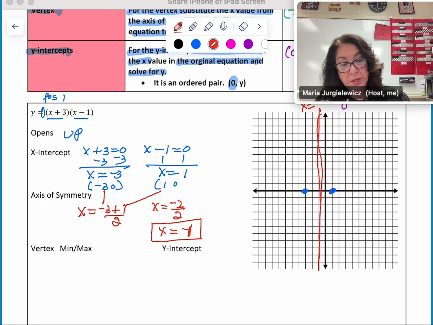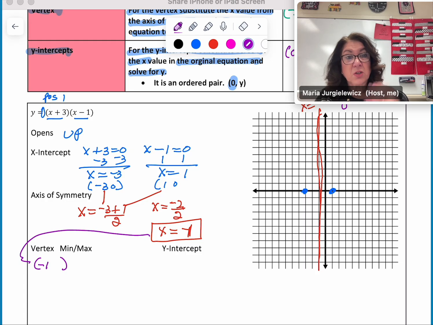And now if I want to find my vertex, I'm going to take that negative 1 and use it to find the vertex. So I already know that the vertex is going to be negative 1 something. I need to find the y value. So I'm going to go to that equation and put in negative 1 for the x, because I already know that x is negative 1.